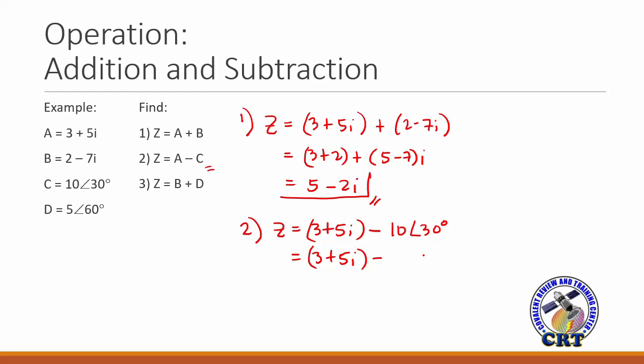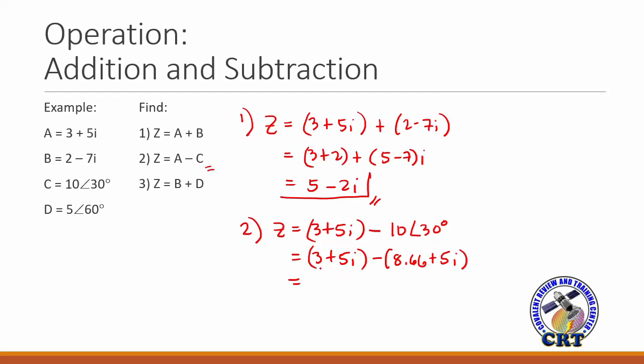I will be using my calculator function Rec. So this is 10, 30. So 10 angle of 30 is equivalent to 8.66 plus 5i. So we can now perform the operation.